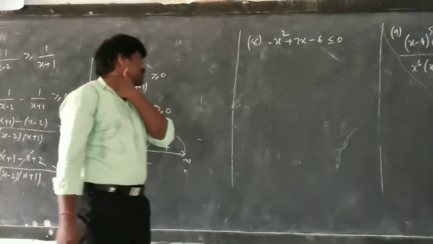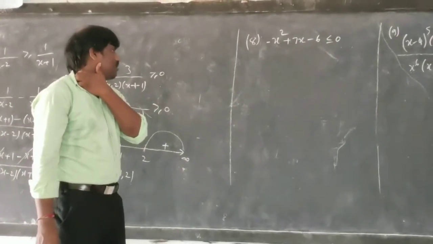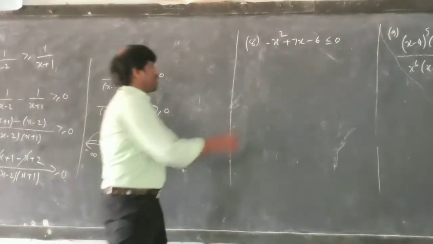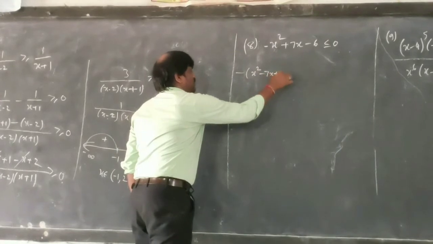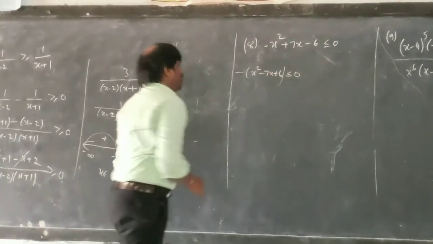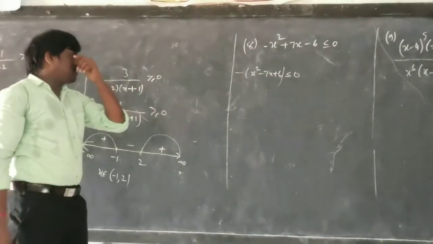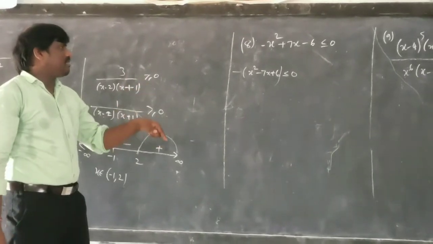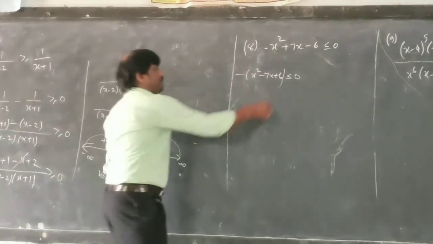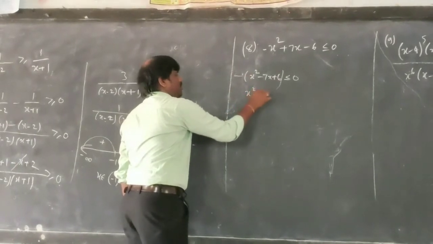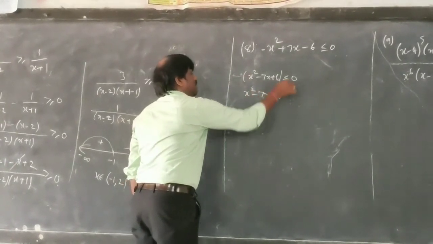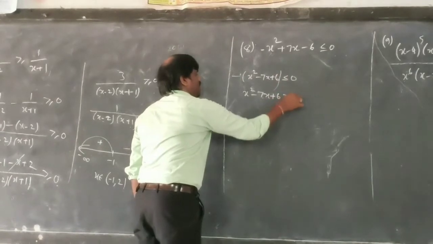Minus x square plus 7x minus 6 is less than or equal to 0. Then you can take minus common out: x square minus 7x plus 6 is less than or equal to 0. Multiply with minus 1, then this will become positive, and less than or equal to becomes greater than or equal to 0.